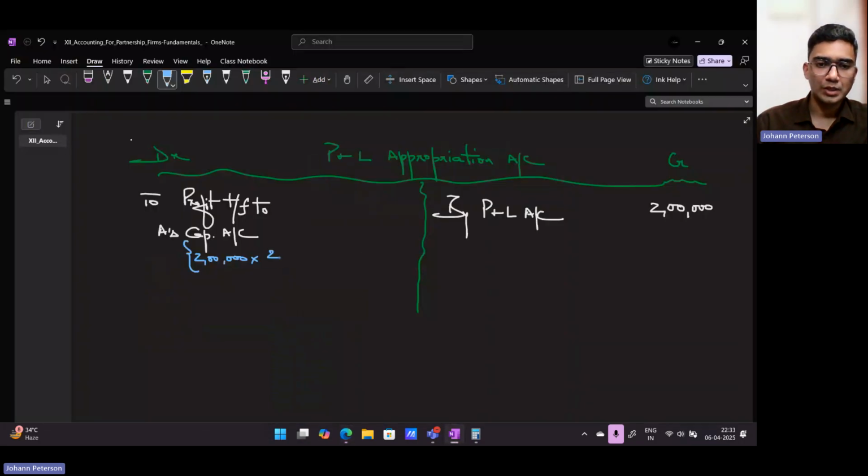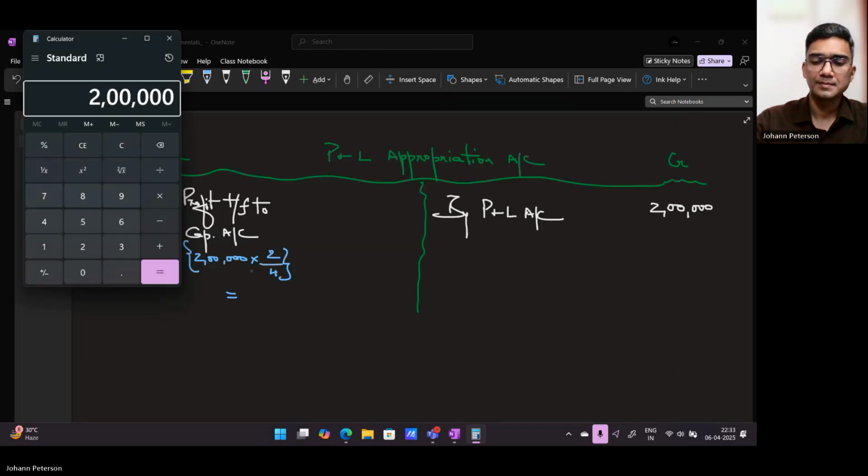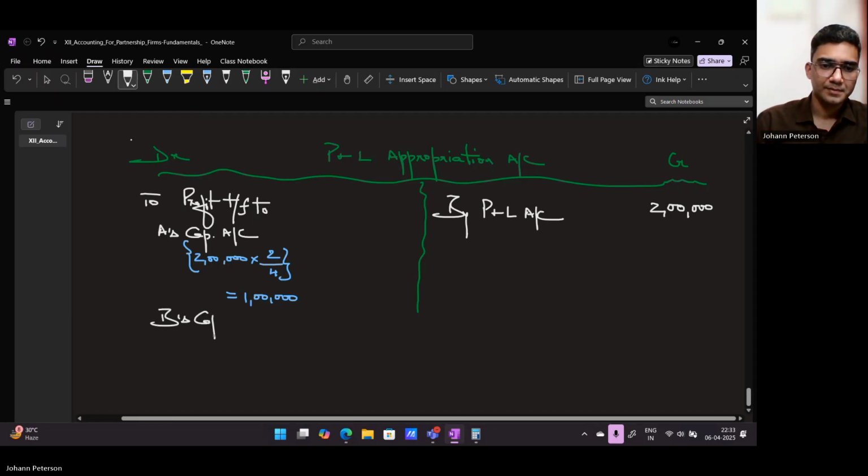So into 2 upon 4, which came out as 2 lakh into 2 by 4, was 1 lakh. Similarly, for B's capital account, it was just half of it, so that was 50,000.